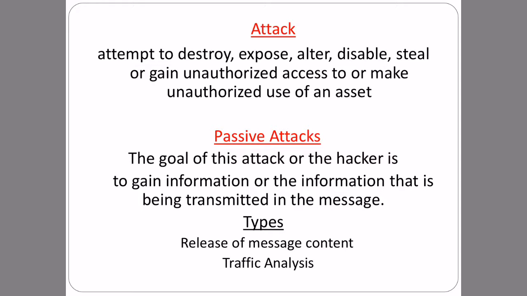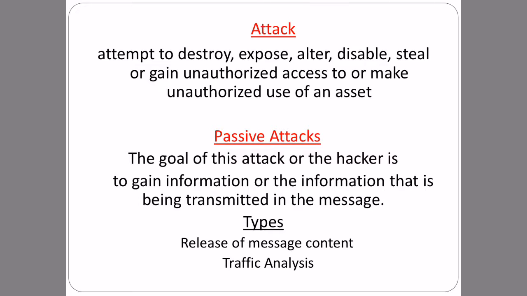or the hacker. The attacks are classified in network security into two major types, that is passive attacks and active attacks. Talking about the first one which we have, passive attacks. The definition says that the goal of this attack or the hacker is to gain information that has been transmitted in the message.